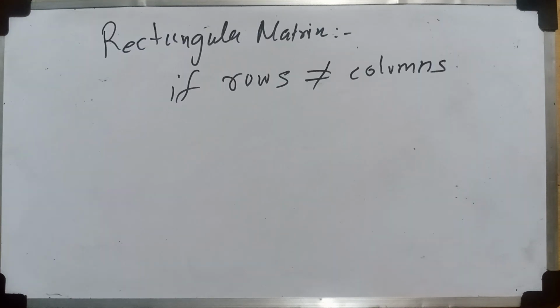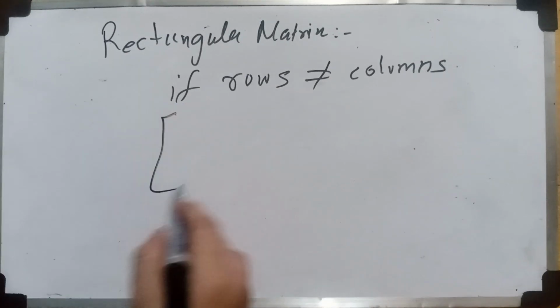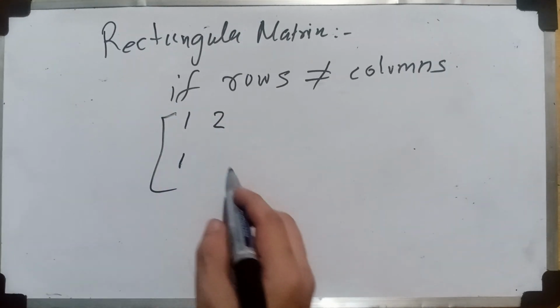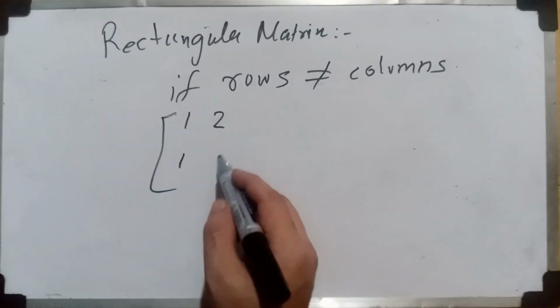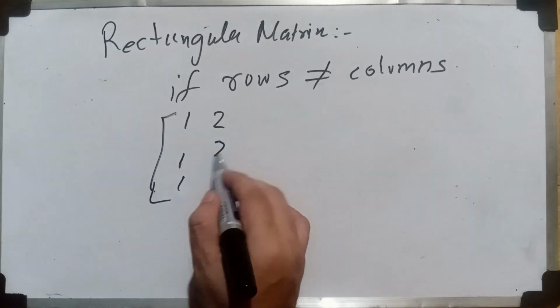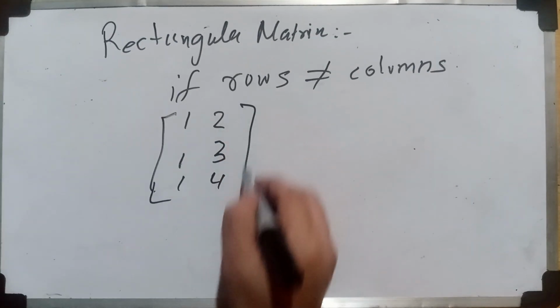Now we will see another type of matrix, called a rectangular matrix. Any matrix with a different number of rows and columns is called a rectangular matrix.